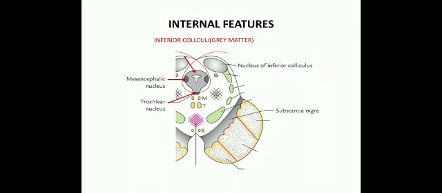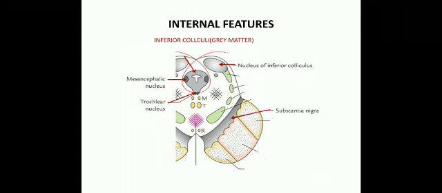The mesencephalic nucleus is made up of unipolar cells and receives the proprioceptive impulses from the muscles of mastication, the facial and ocular muscles and the teeth. And the inferior colliculus receives the afferents from the lateral lemniscus and gives the efferents to the medial geniculate body.